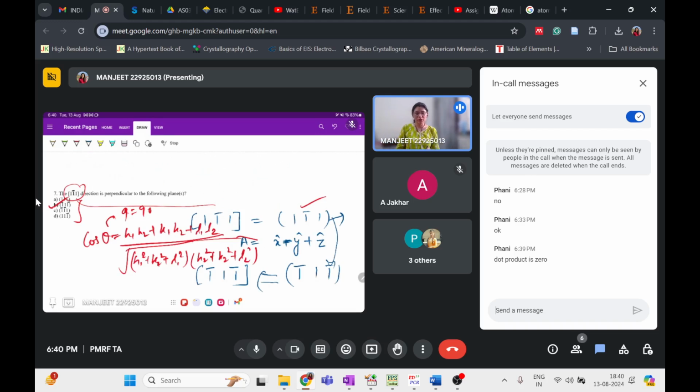Either you can find it this way. It is cos 90 for the perpendicular one, 0 for the parallel one, so theta 0 is for the parallel one, and theta 90 for the perpendicular one.